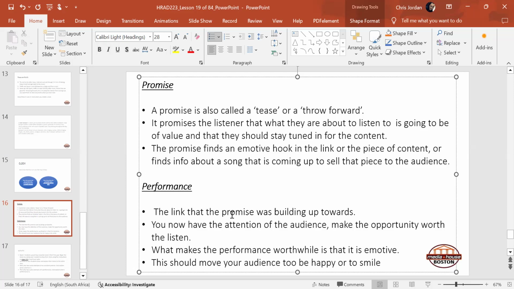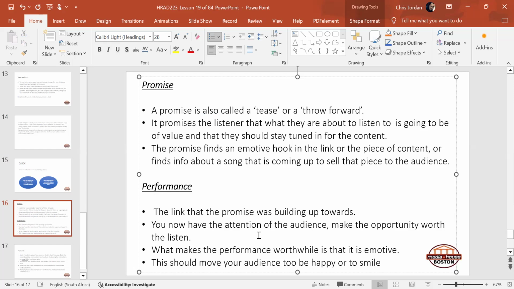All right. The performance is the link that the promise was actually teasing towards, the actual content piece. Now you have the attention of this particular listener, so you have to deliver on the promise. What you promised them in the tease, whether it was a great interview or whatever it may be, you have to actually deliver.